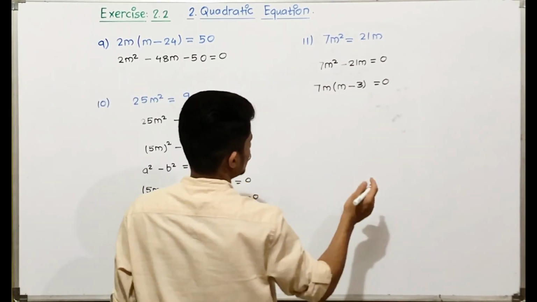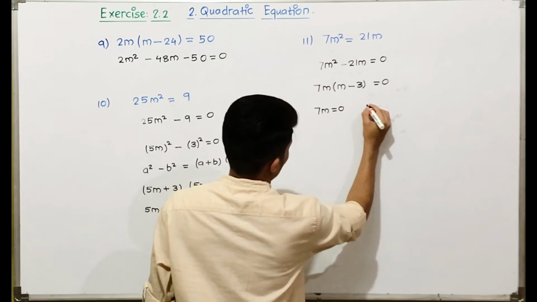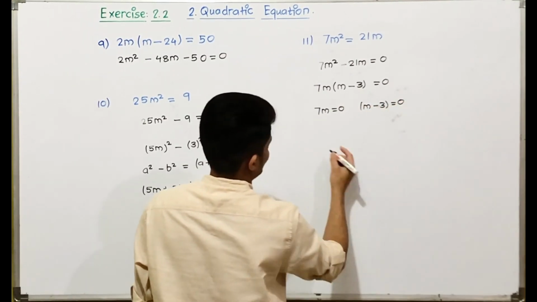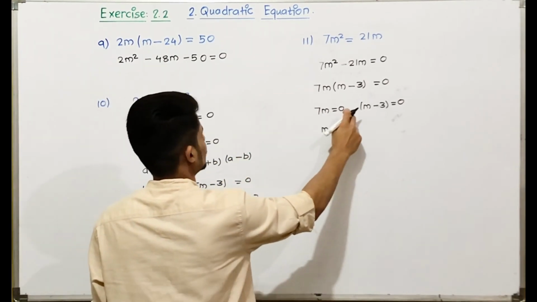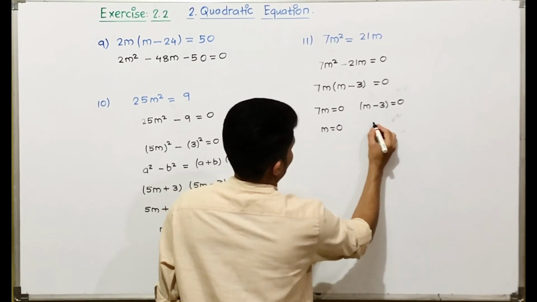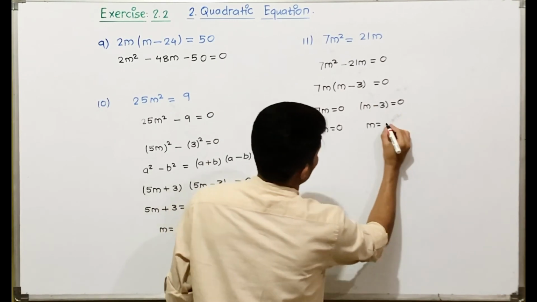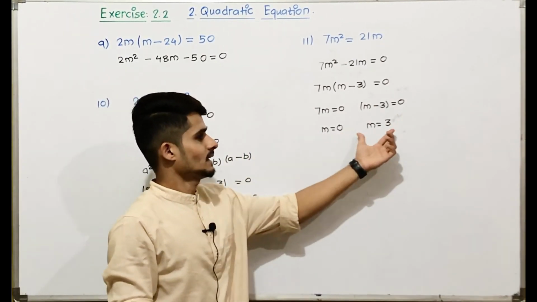Now we'll equate this with 0, that is 7m is equal to 0 and m minus 3 is equal to 0. So m is equal to, 7 here is multiply, it will go there and divide. 0 by 7 is 0 and m is equal to minus 3 goes there plus 3. So value of m is 0 and 3.